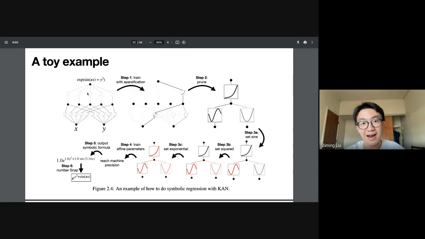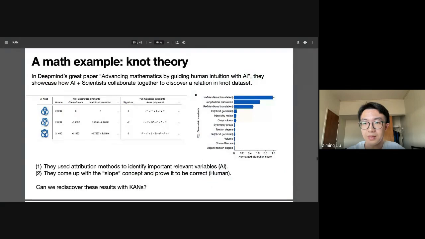You can easily interact with it, you can easily understand what's happening inside, and you can even perform surgery on it. Like you can set something to be strictly a sine. So that gives you access to the brain of a neural network, which MLPs or other deep learning black box models may not give you.